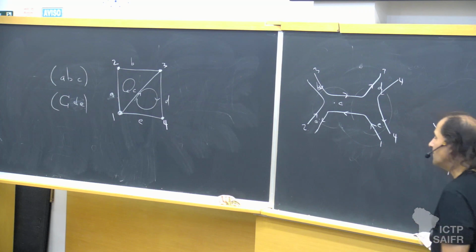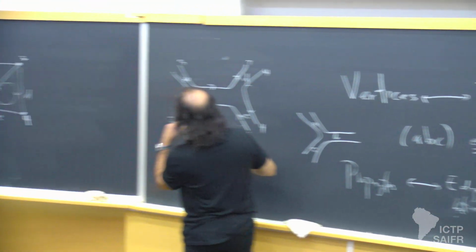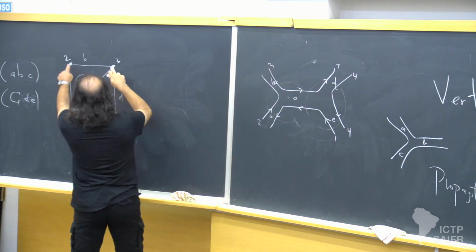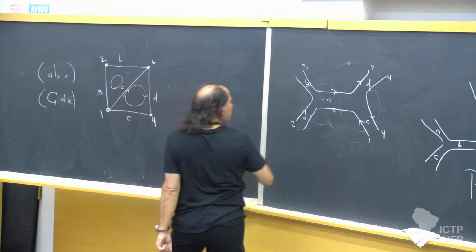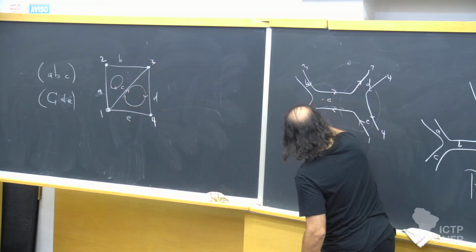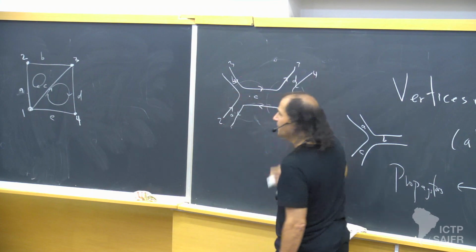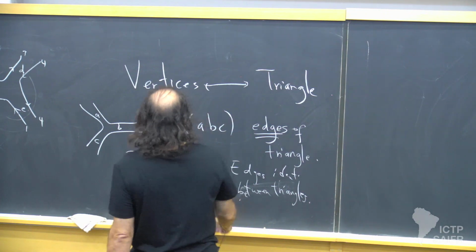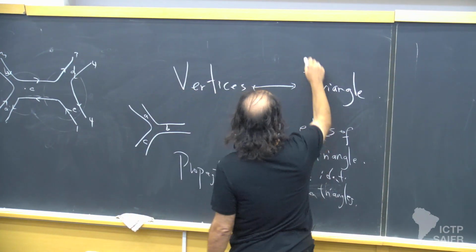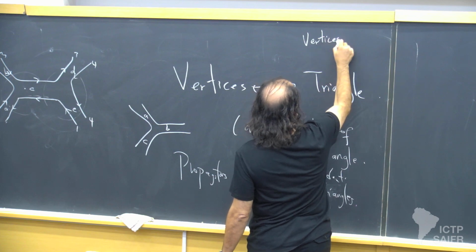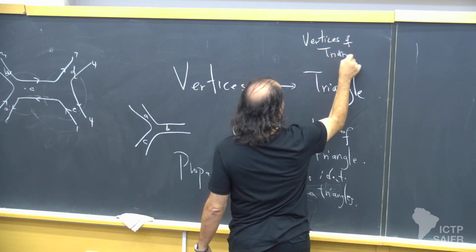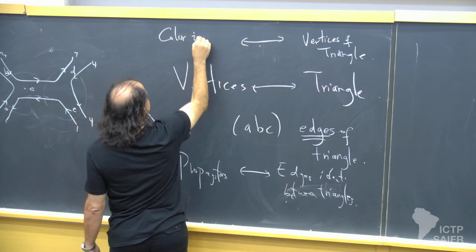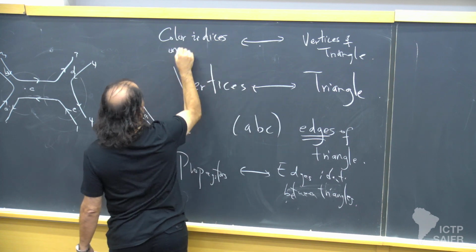So do you see that? So B is between 2 and 3. That's 2 and 3. 3 and 4, 4 and 1, and C is indeed between 1 and 3. So here's the color line 1. Here's the color line 3. So finally, the vertices of the triangle in the surface are associated with the color indices on the fat graph.